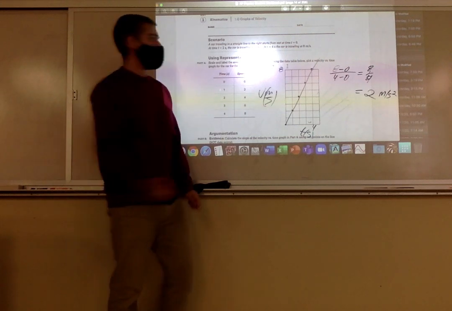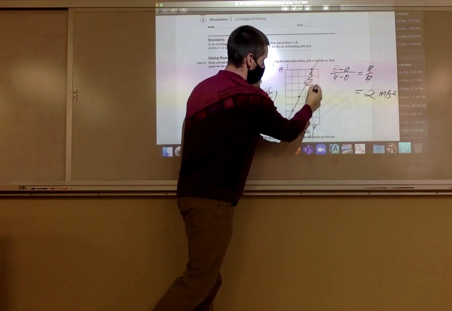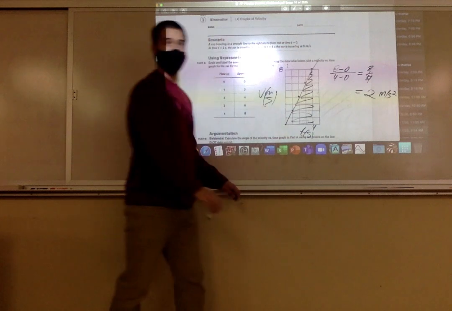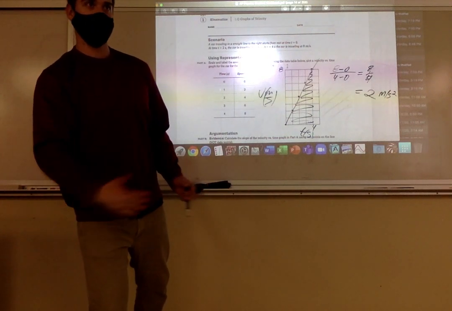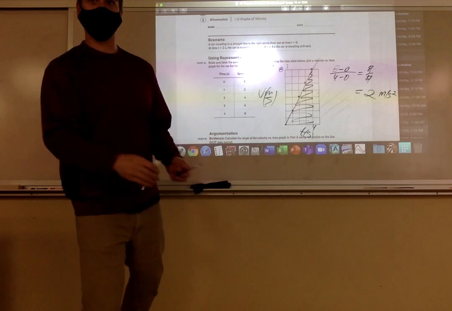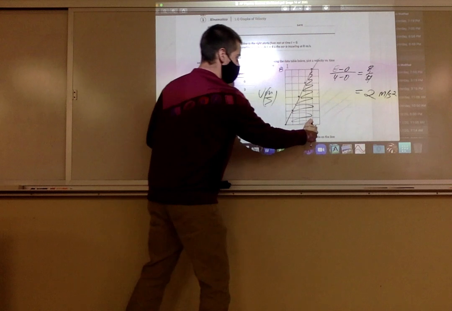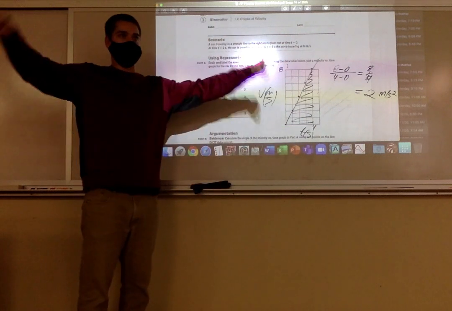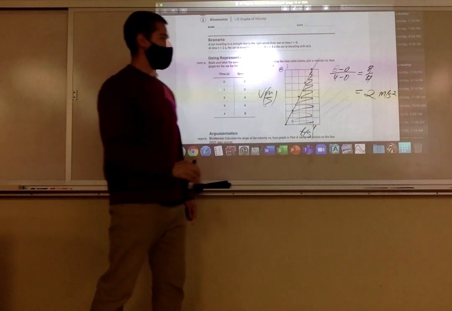Easy. The other thing, we can still do area under the curve, which would give us what? What does that tell us? Displacement. From beginning to end, how far did it go in total? Well, how do I find the area of this?